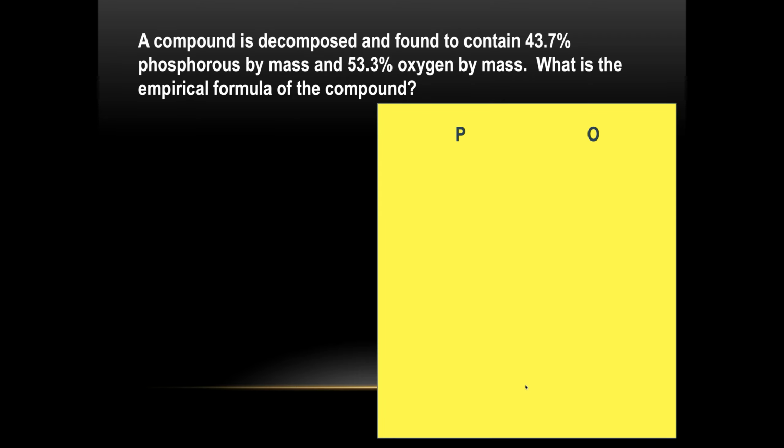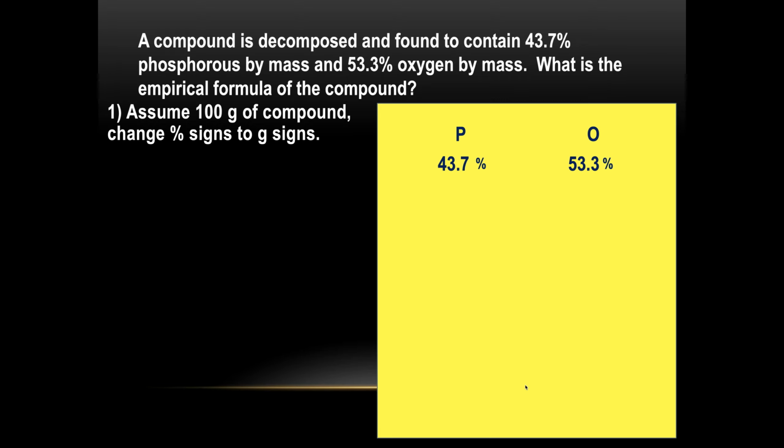So once again, we will just write the symbols so that we can keep track of it and write the percents. How do you convert percent to moles? Well, it's easy. Assume that you have 100 grams of compound. Because what 43.7% means is that out of every 100 grams, 43.7 of them are phosphorus.